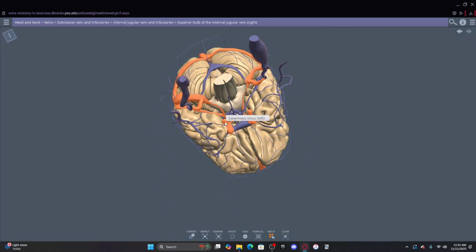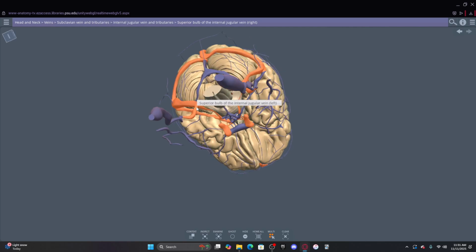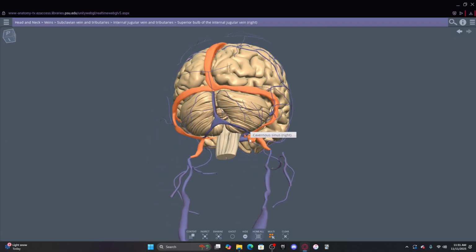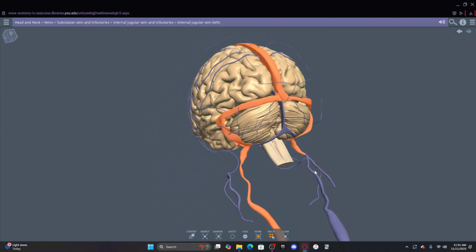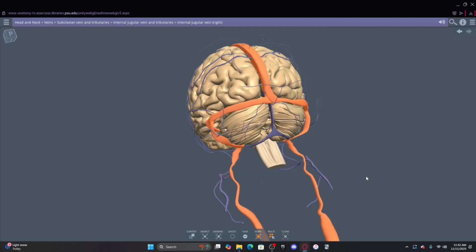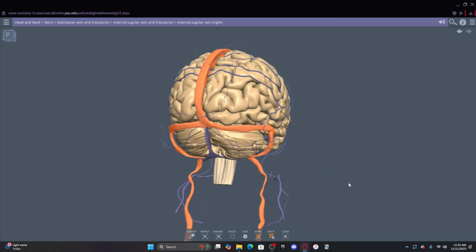But also, we have to remember that we have a cavernous sinus that's also draining into the internal jugular vein. So our cavernous sinus and our sigmoid sinus are both draining into the internal jugular vein.